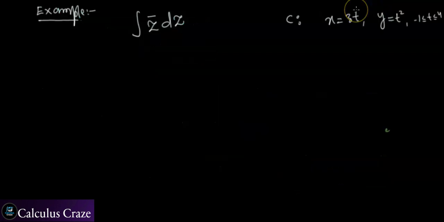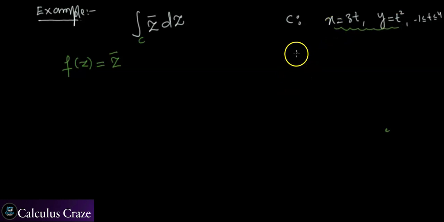Let's solve this example where I have to calculate the complex integral of the function f of z equal to the conjugate of z over the curve, and the curve is defined this way. So my curve is z of t equal to 3t plus iota times t square, where t is running between -1 and 4. So we have to compute this integral.